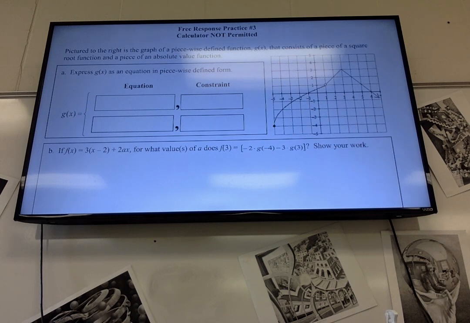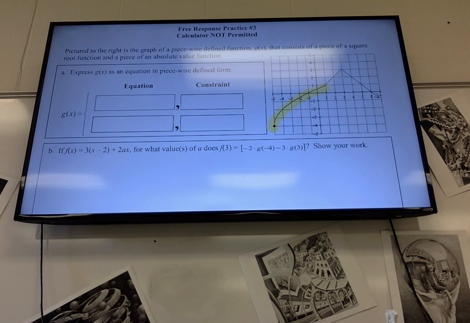So for this square root function, because remember we read a graph from left to right, it starts at what value of x? -5. Doesn't include -5. Yes. And it goes to what value of x? 1. Does it include 1?